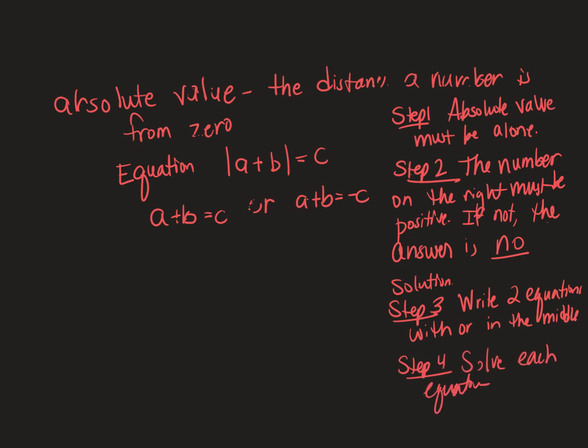And step 5, check for extraneous solutions. Those are the steps to solve an absolute value equation, and we will do some examples now.